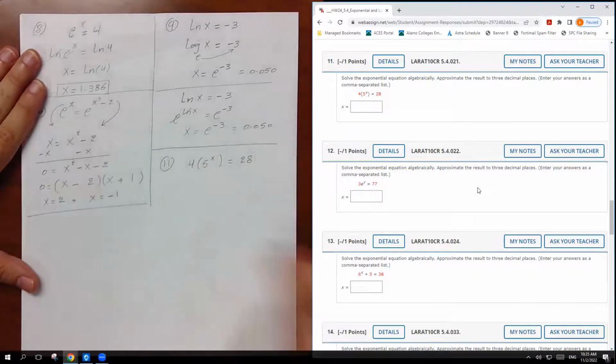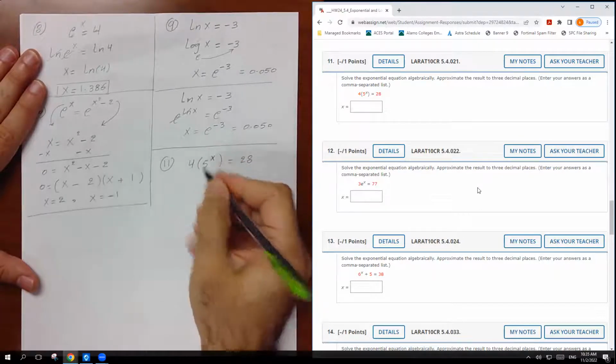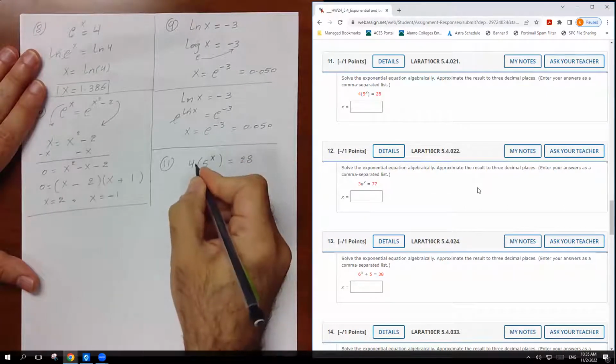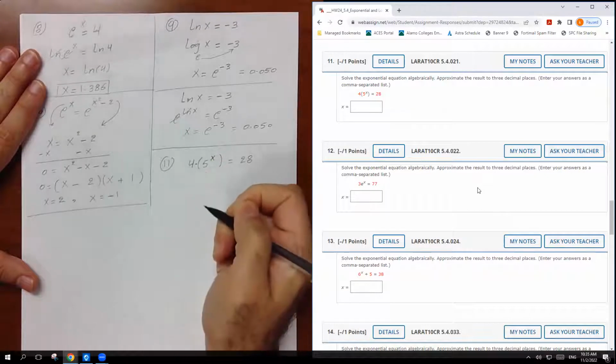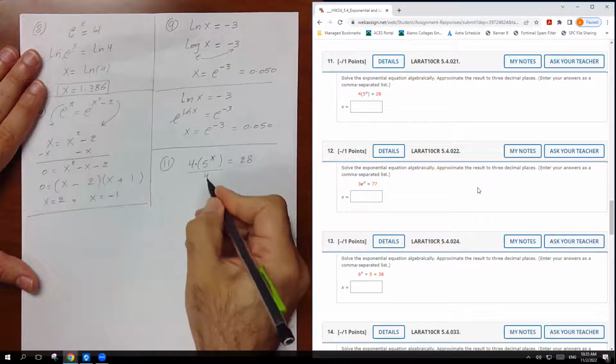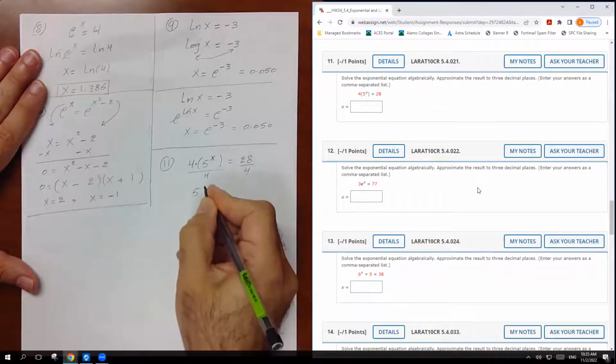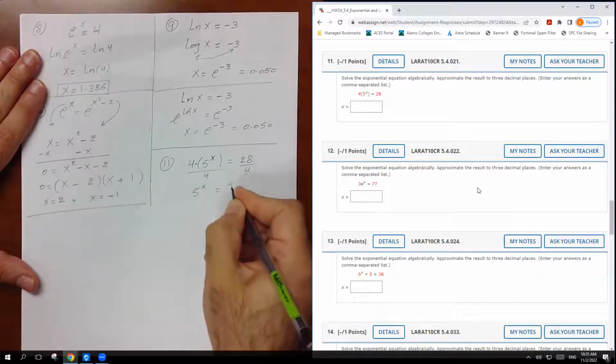The first thing, I need to solve this one for x. That means I need to keep this term by itself. But I have 4 times this term. First of all, I need to cancel this factor, so I'm going to divide by 4. That means the left is 5 to the x equals 7.